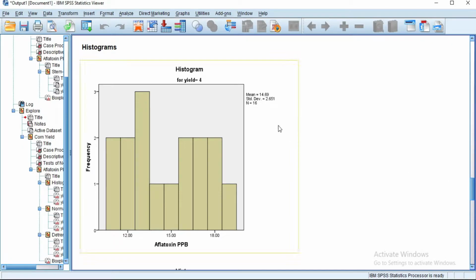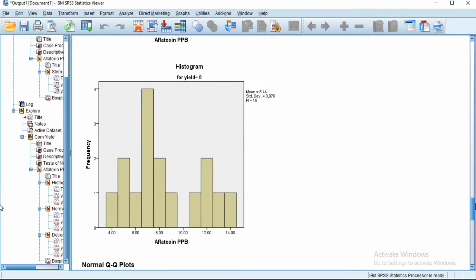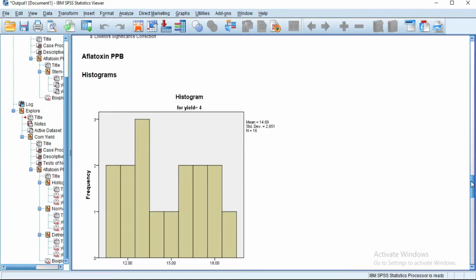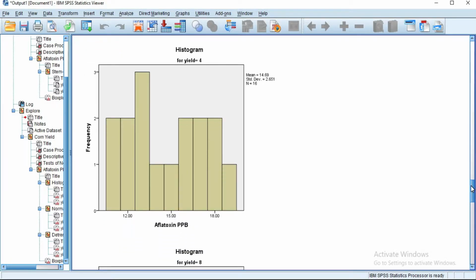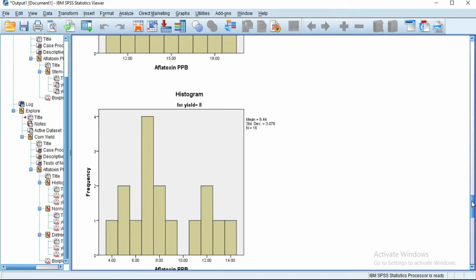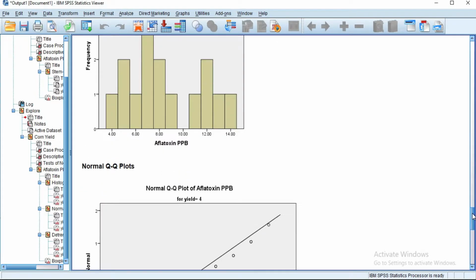In case we have more values, at least 30-40 values, then it might be possible to have a better output and shape on the histogram of the data. And again, I would say this is a subjective approach to judge the symmetry and the skewness from the histogram.